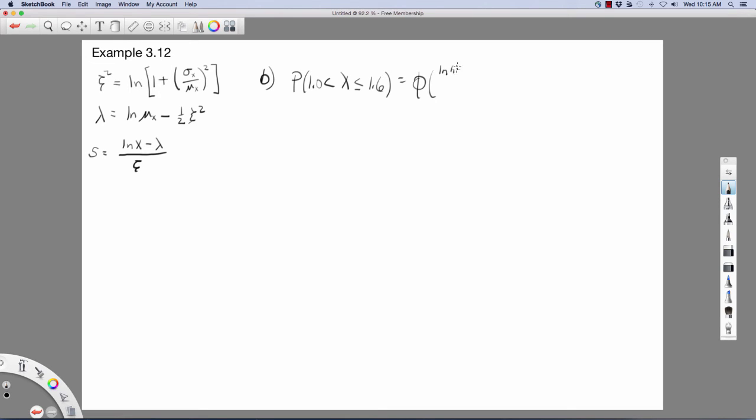Natural log of 1.6 minus 0.13 divided by 0.324, minus the CDF function of the natural log of 1 minus 0.130 divided by 0.324. And when we crank this out, we see that we get 0.509.